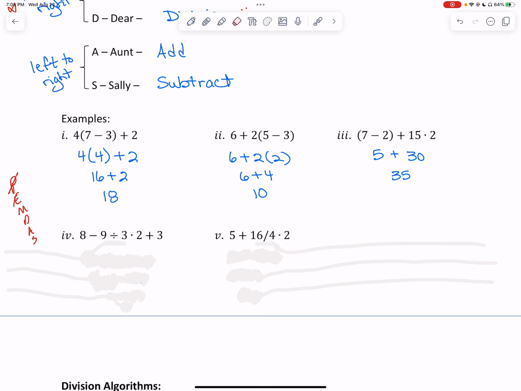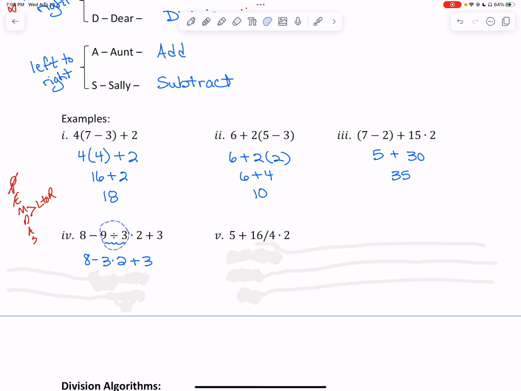So next I've got to do multiplication and division, but it has to be left to right, left to right. Okay, so a lot of students are going to say, oh, multiplication, 3 times 2 is 6. Okay, but that wasn't first, right? Our division was first. So we're going to do division first.